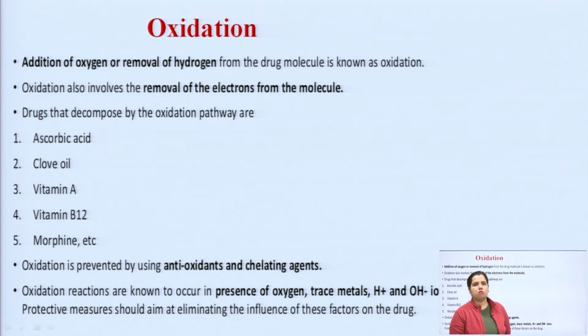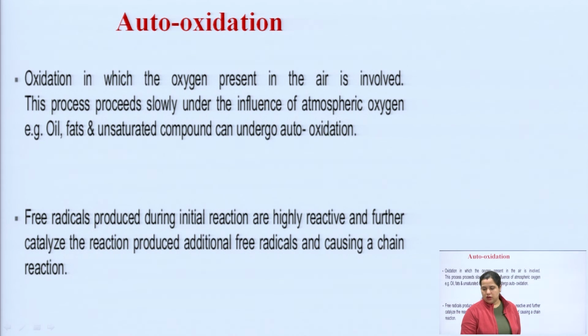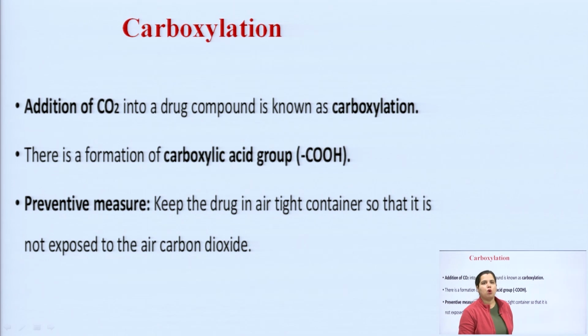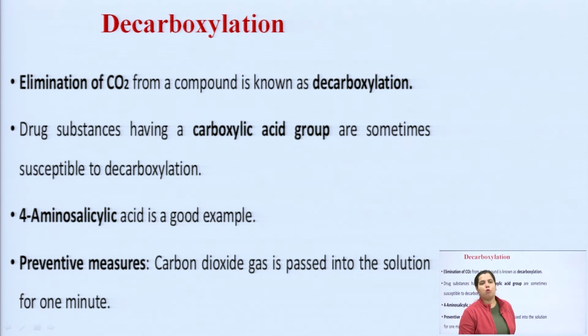Oxidation affects, for example, ascorbic acid, clove oil and vitamin A. It involves addition of oxygen or removal of hydrogen, which may generally occur during the manufacturing process, and drugs may get degraded. To avoid oxidation, antioxidants and chelating agents are generally added. Auto oxidation produces free radicals. Carboxylation is the addition of carbon dioxide, and decarboxylation is the elimination of carbon dioxide.